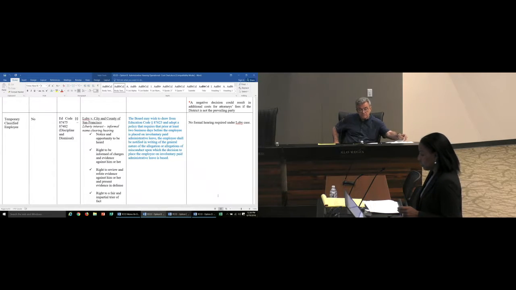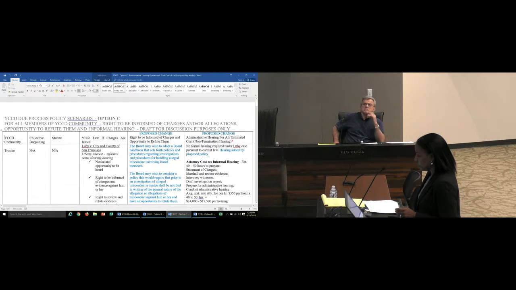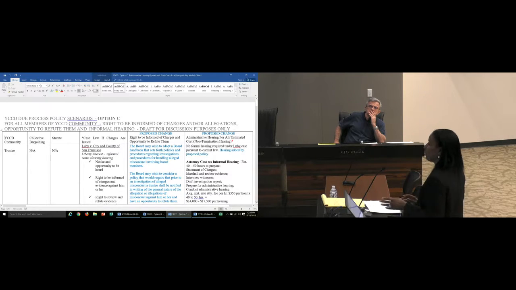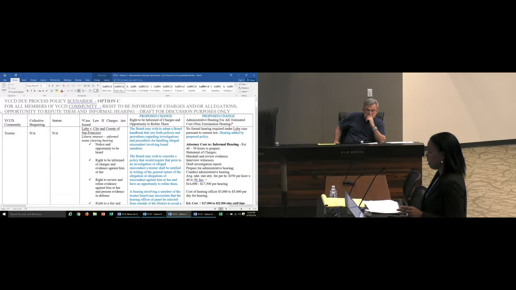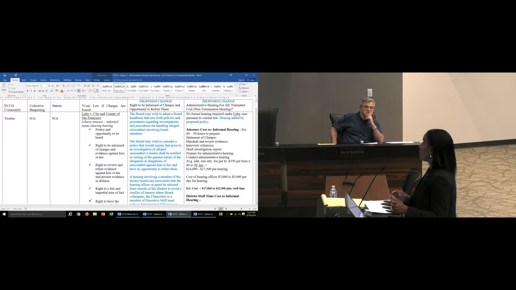Now we go to option C, which is a bigger step. So we're adding a hearing for everybody. And that is pursuant to a policy change. So again, in order to add a hearing for everybody, you need the infrastructure with policies regarding investigations that would affect trustees and volunteers, because we don't have that right now.